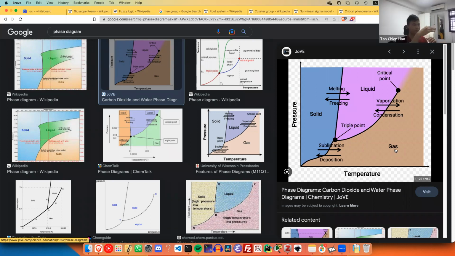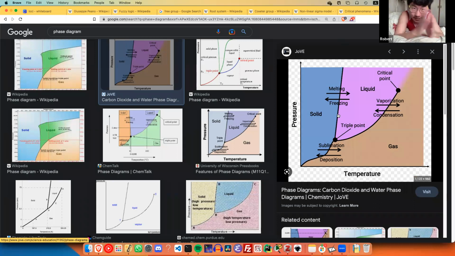You can think of the lines over here as points where half of your volume is in gas phase and half is in liquid phase. It doesn't necessarily have to be half, there's a proportion. It depends on how much heat you put in. It doesn't instantly all turn into gas.